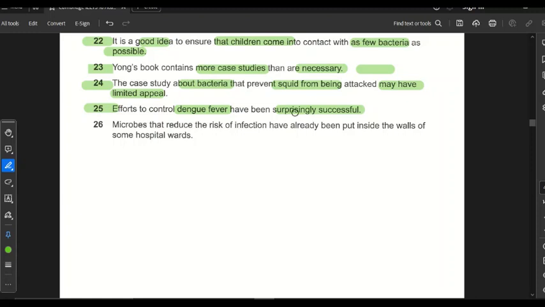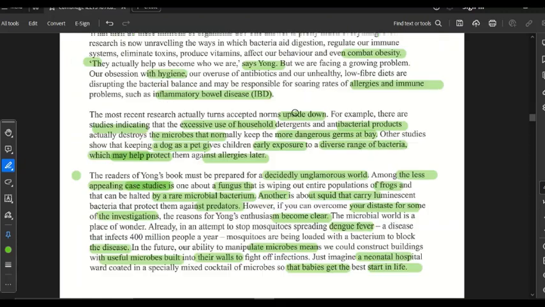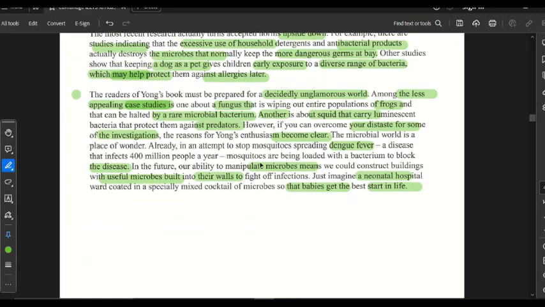Does the sentence within the passage say explicitly that it has been successful? It doesn't say that, but it talks about it, but it doesn't say specifically that it was successful. So that one makes it no, it hasn't been successful.